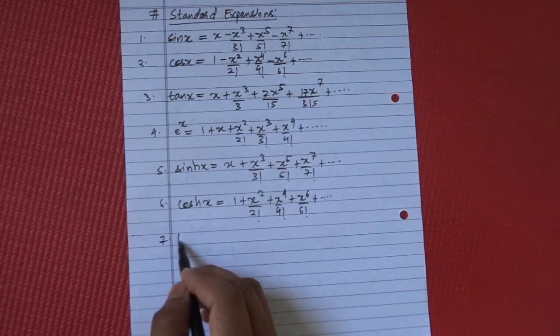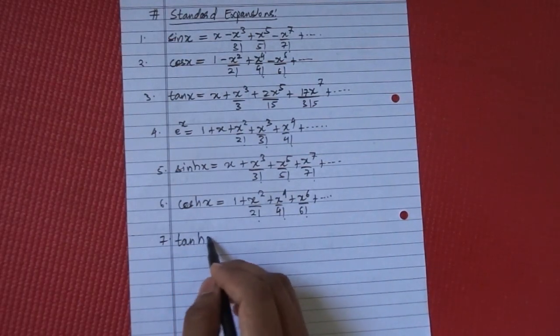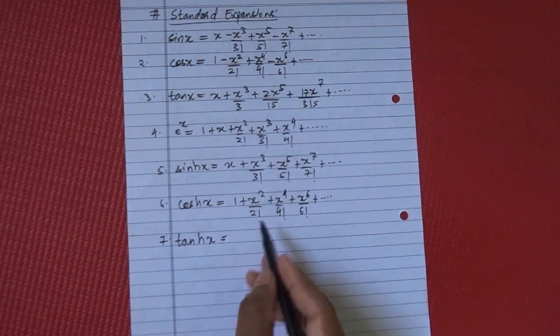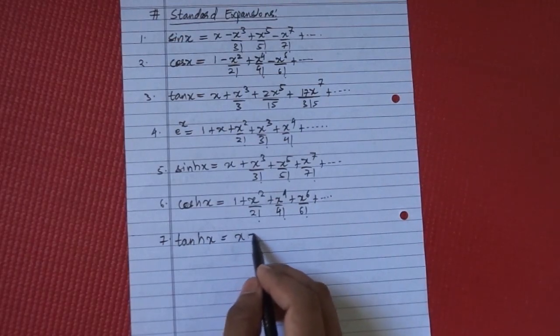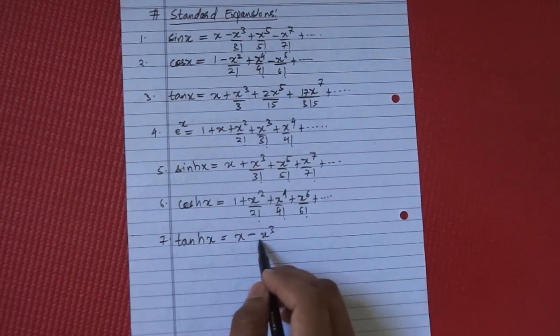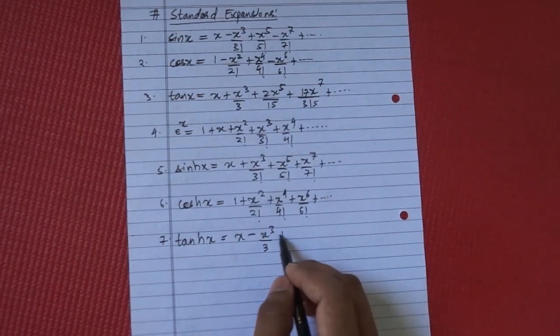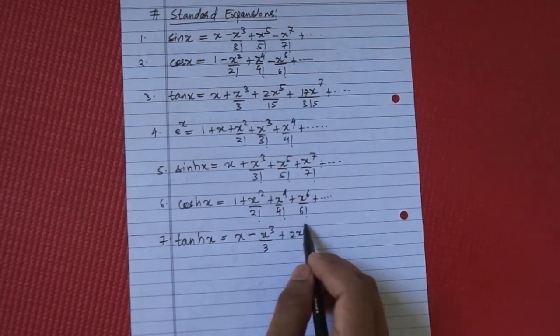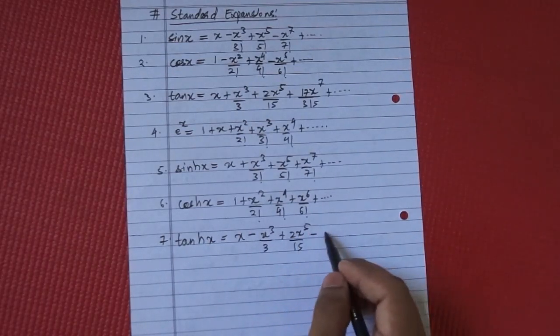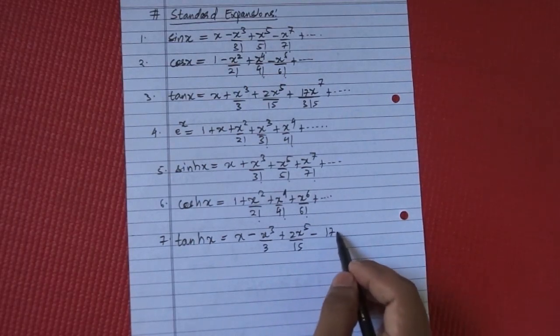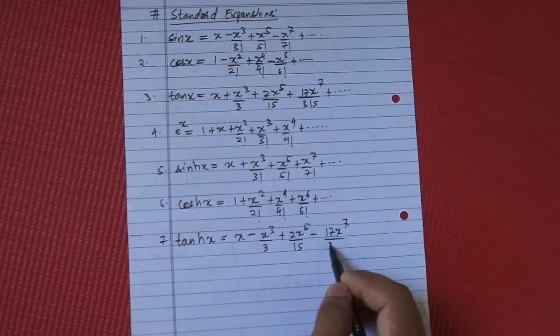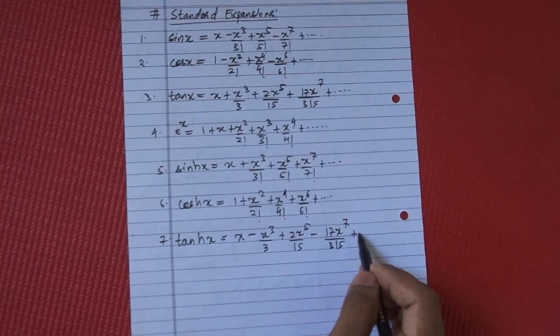Seventh is tan hyperbolic x, which is x minus x cube upon 3 plus 2 times x raised to 5 upon 15 minus 17 times x raised to 7 upon 315 up to infinity.